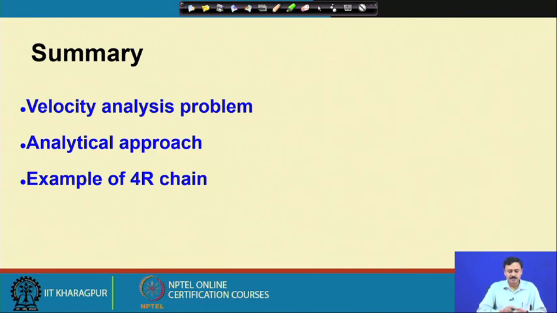So, let me summarize. We have looked at the velocity analysis problem and followed the analytical approach for the velocity analysis. We started off with the displacement relations and differentiated them to find the velocity relations.